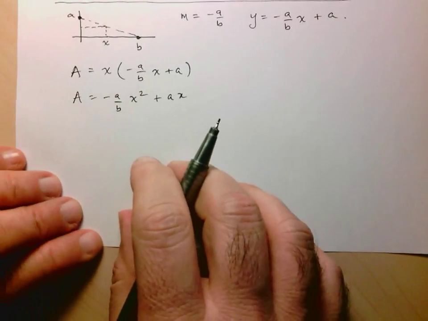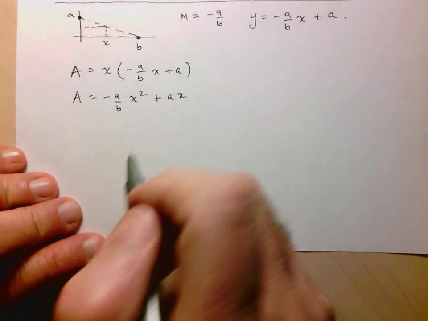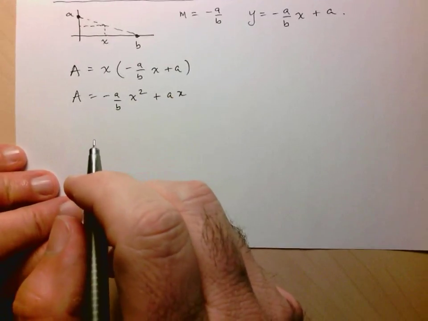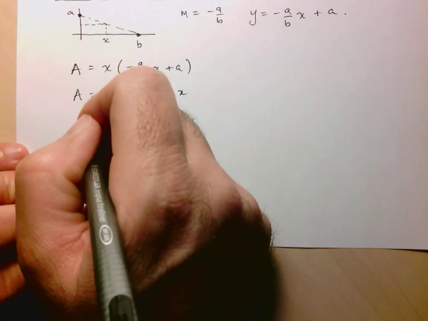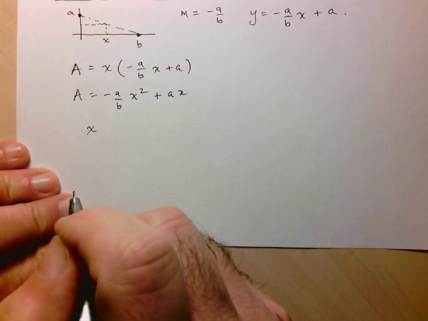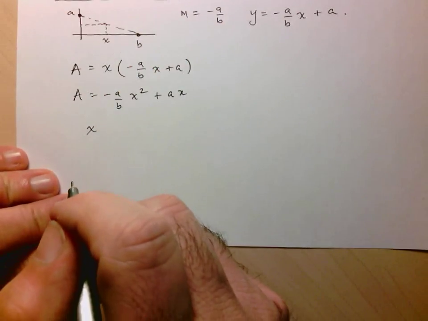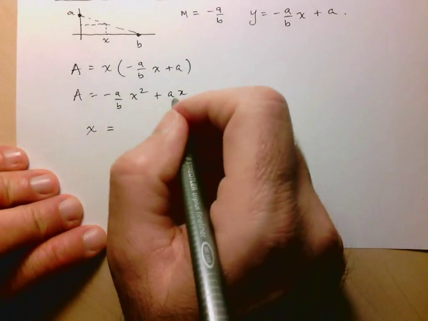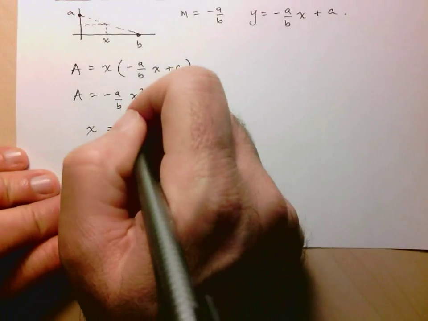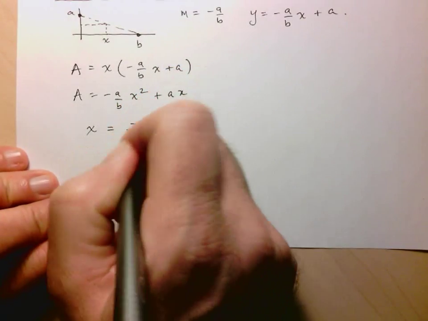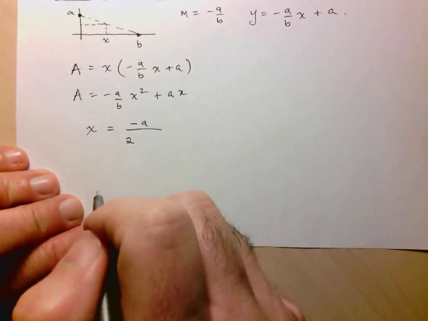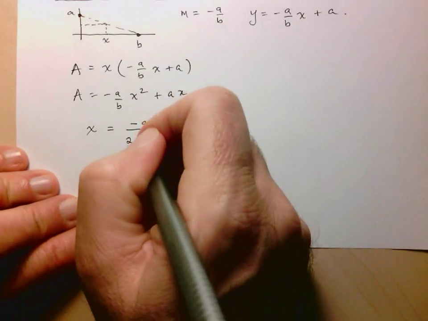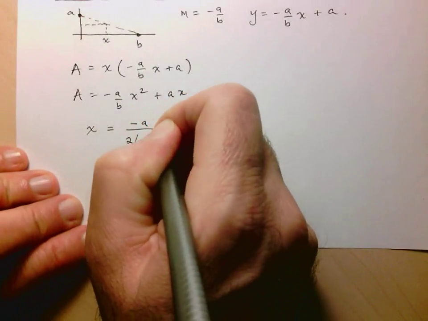So my area is given by -a/b x squared plus ax. Okay, so again, you could just take the derivative and solve for the derivative being equal to 0, or you could use the fact that the critical point is given by -b/2a. So -b, so the coefficient of x is just a, over 2 times the coefficient of x squared, so -a/b.